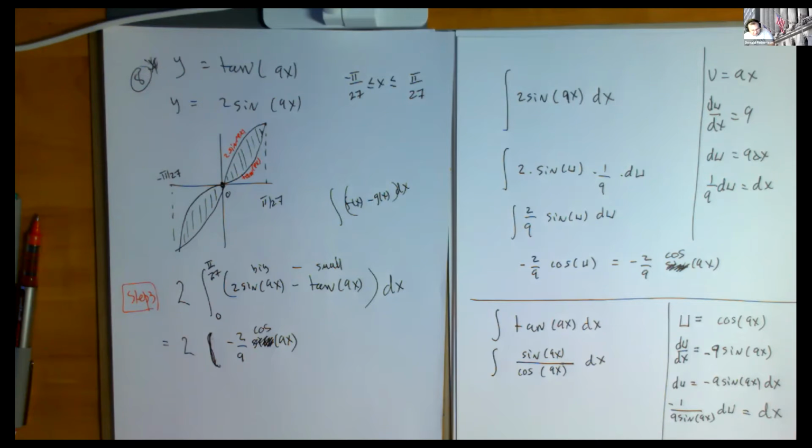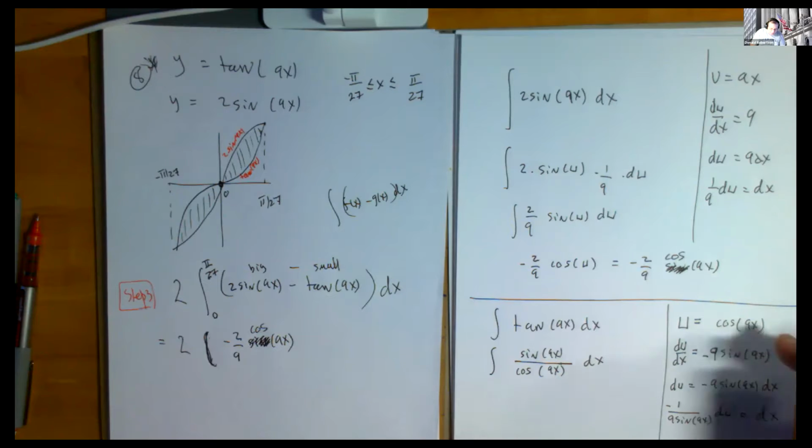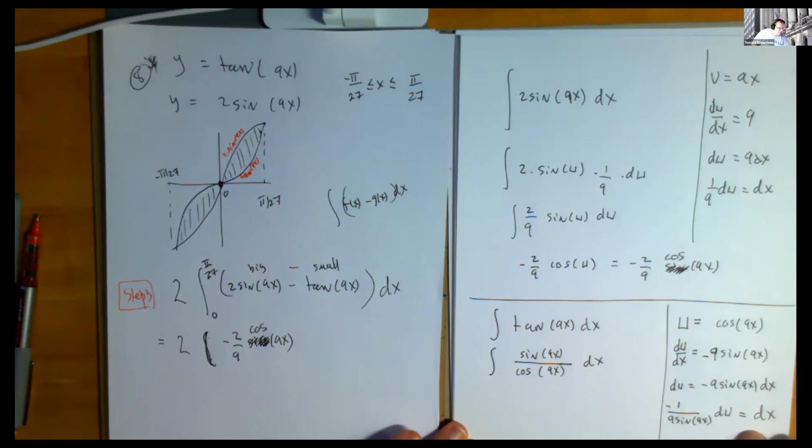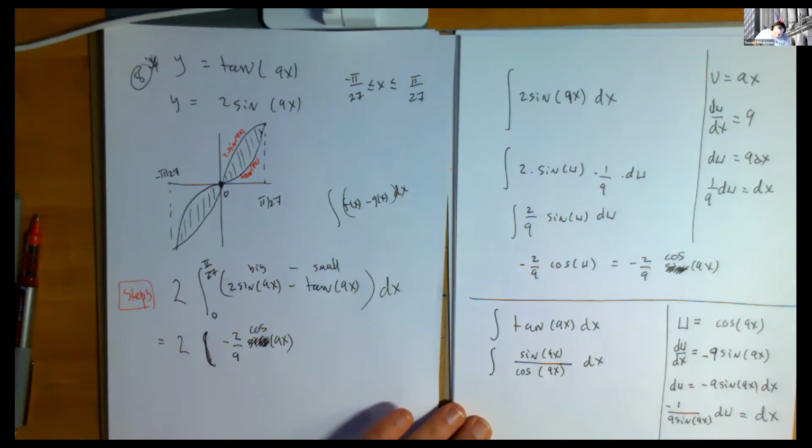Now, some of you after a while may adapt this, and I've seen people who take that line and use it, and that's fine if you want to do that, and I'm okay with that. I just find it easier if you do everybody the same. It's just a consistency thing with me. So as I'm saying, you may find a little bit of a shortcut sometimes if you do the u sub.